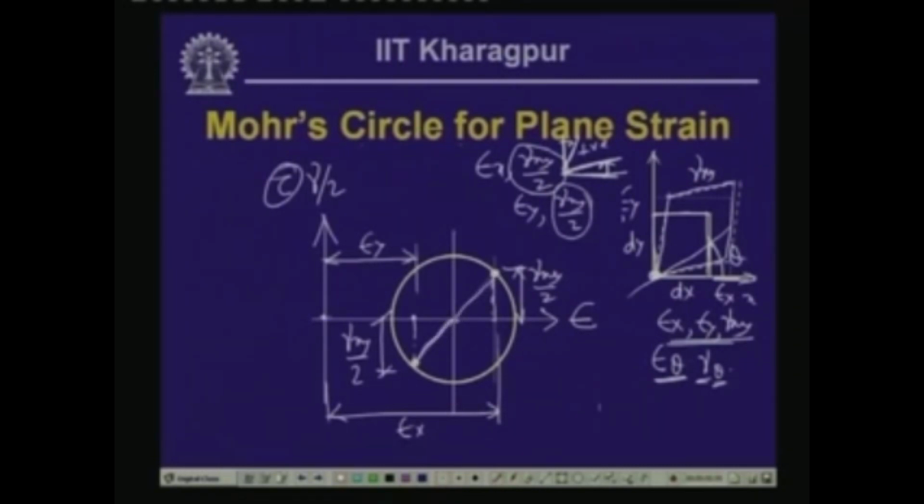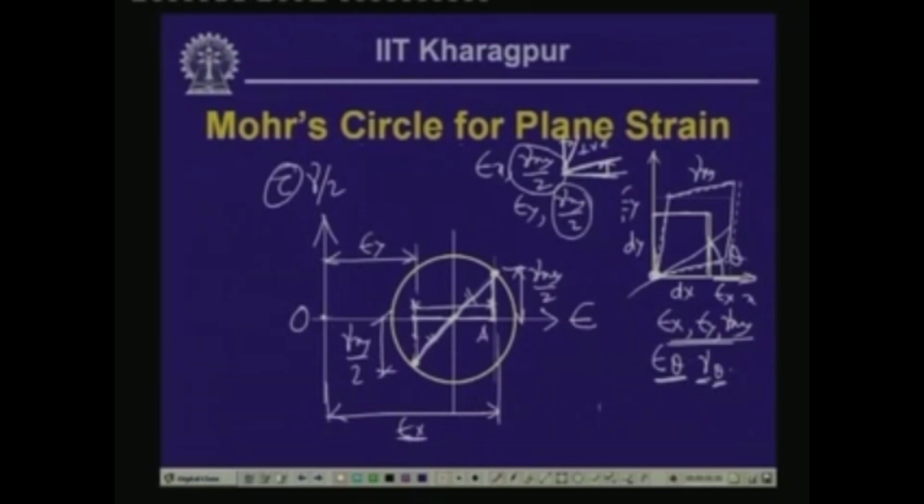Now, if we join these 2 points, where the line crosses the epsilon axis denotes the center of the circle, and this line is the diameter of the Mohr circle. If we look into this particular triangle and this particular triangle, this is equal to this, hence the distance from here to here is divided equally by this point. From O to A, the distance is epsilon x.